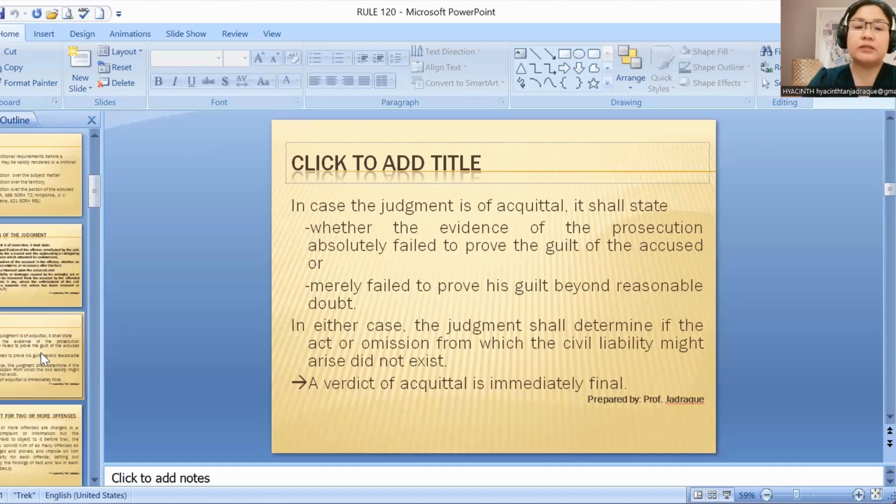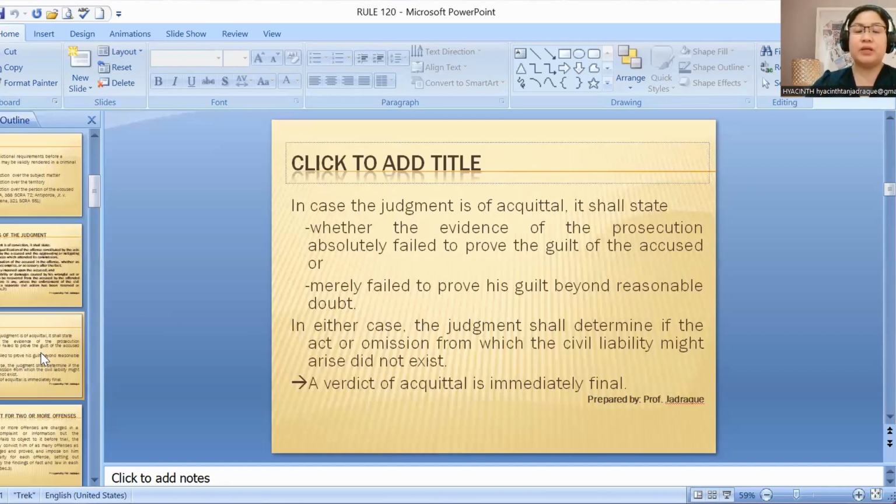Now, take note that if the evidence for the prosecution absolutely failed to prove the guilt of the accused, or merely failed to prove his guilt beyond a reasonable doubt, in either case, the judgment shall determine if the act or omission from which the civil liability might arise did not exist.